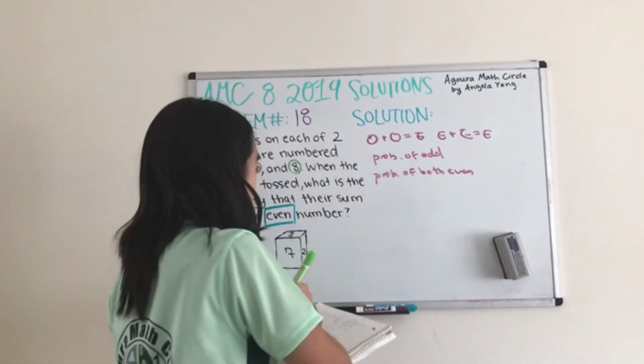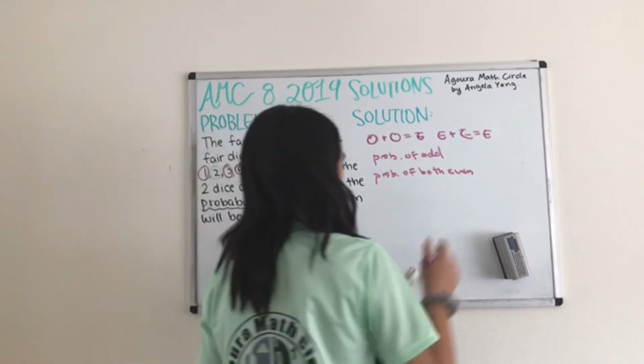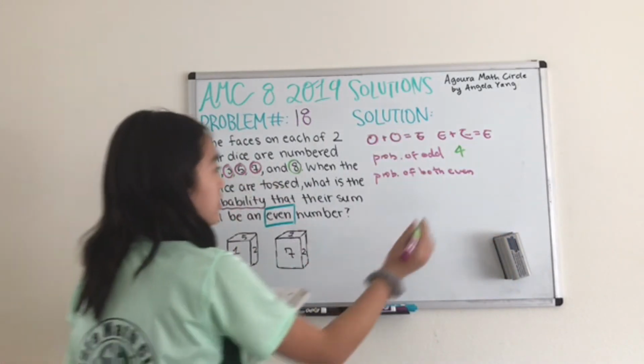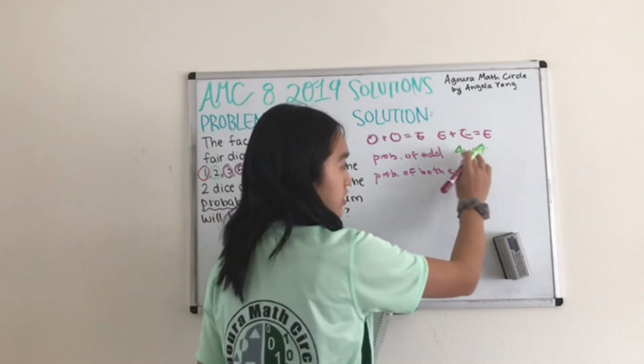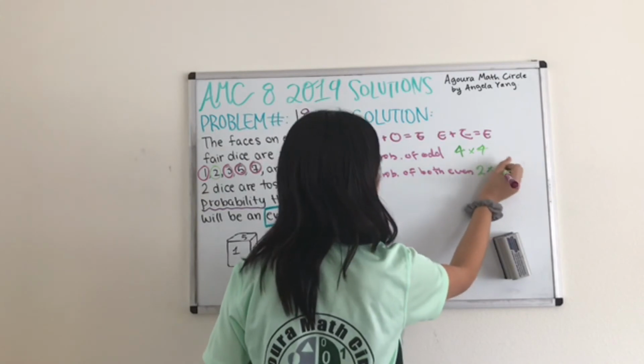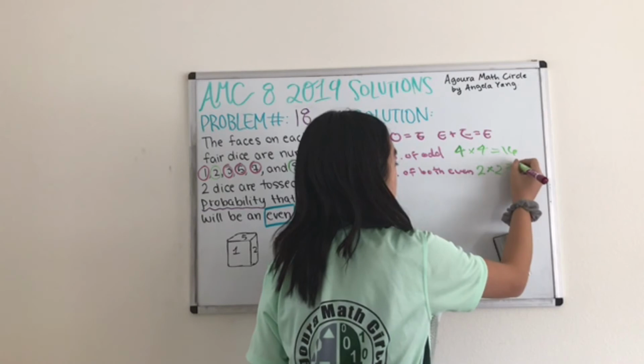So the probability that they'll both be odd is 4, because there's 4 odd numbers, times 4 because we're choosing 2. And then the probability that they'll both be even is 2 times 2, since there's 2 even numbers. So this equals 16 and this equals 4.